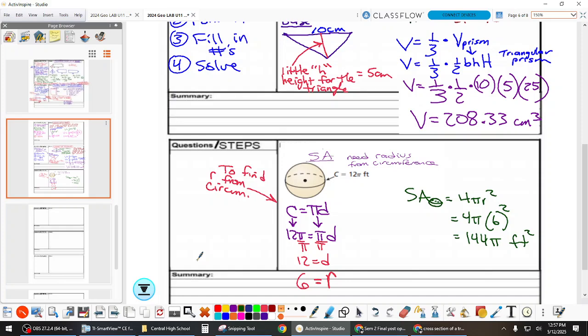What if I gave you a surface area and asked you to find the radius? How do you find the radius? Let me ask that again. Just now we found the surface area from the radius. What if I gave you the surface area and asked for the radius?